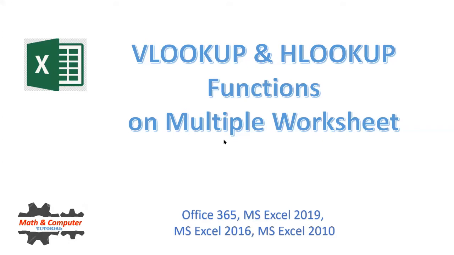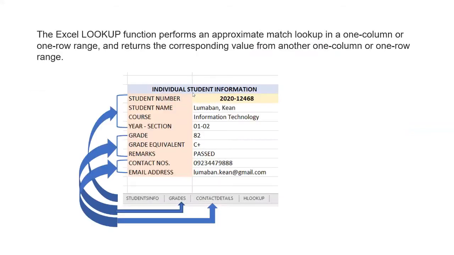Okay, for today's video, I will discuss VLOOKUP and HLOOKUP functions on multiple worksheets. The Excel lookup function does an approximate match lookup in one column or one row range and returns the corresponding value from another one column or one row range.